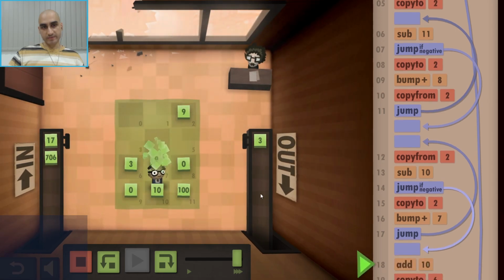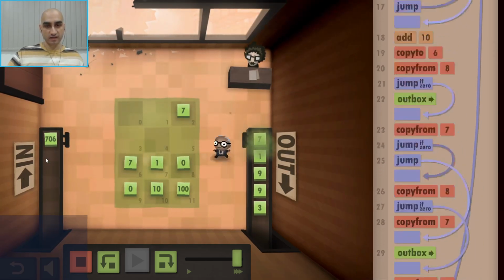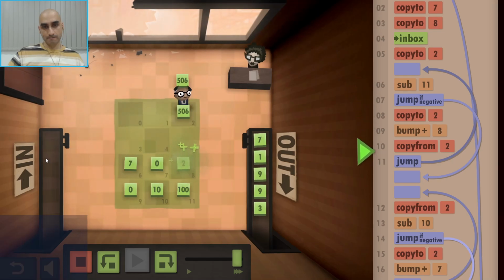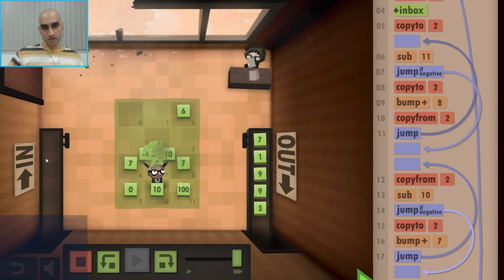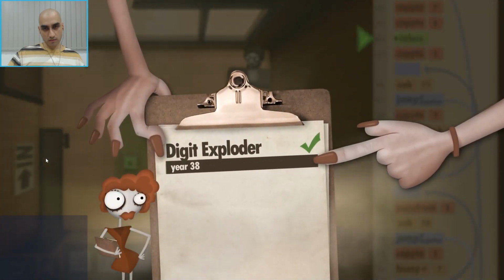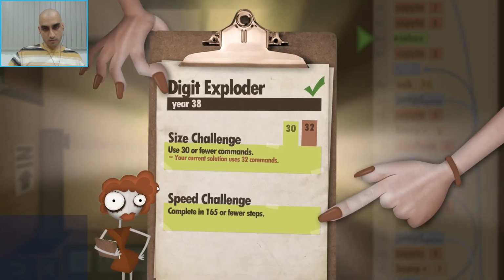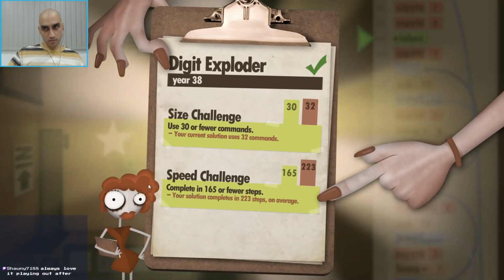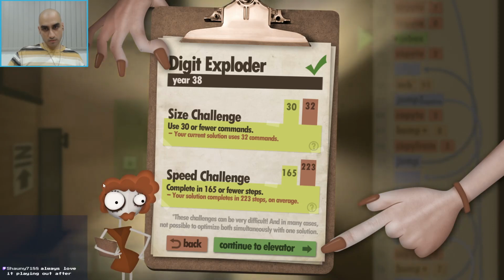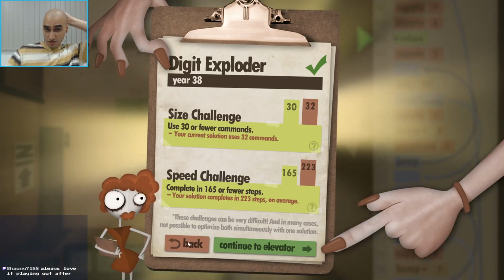So yeah, this problem is basically to take a number and turn it into its hundreds, tens, and units. The tricky bit is the 0 in the middle. Okay, 30 commands.